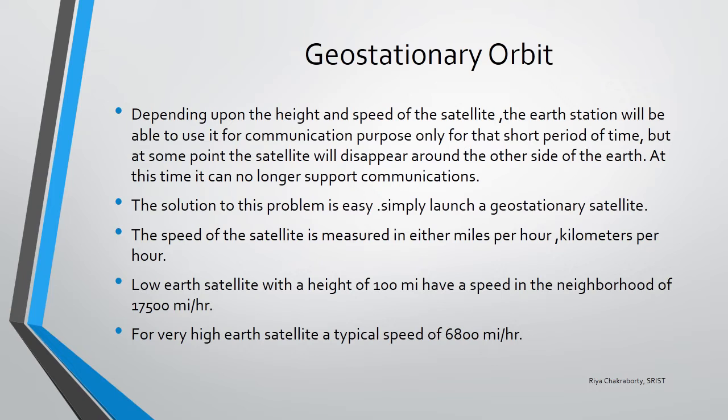In other words, the satellite revolves in exact synchronism with the earth's rotation. For this reason, it appears to be fixed or stationary, from which come the term geostationary orbit.